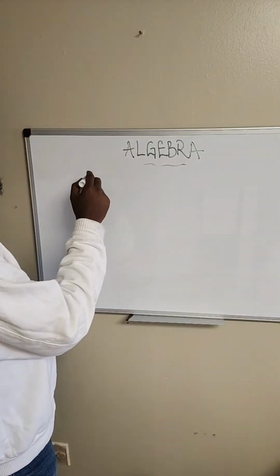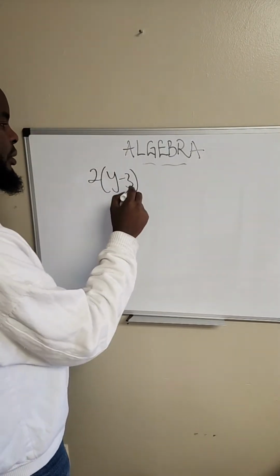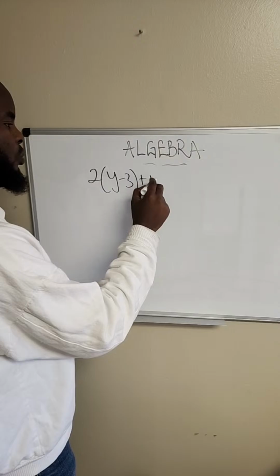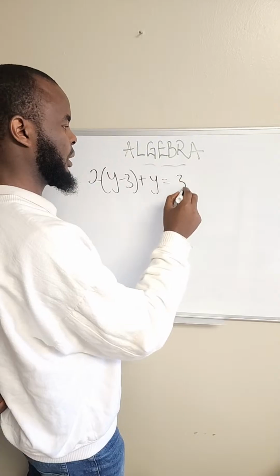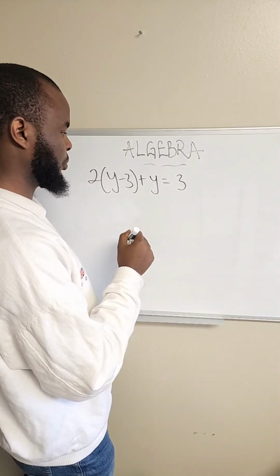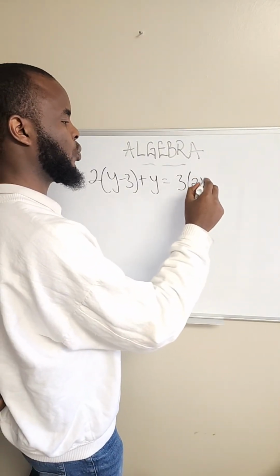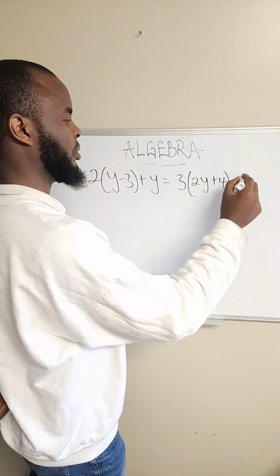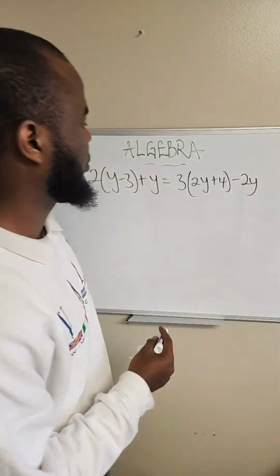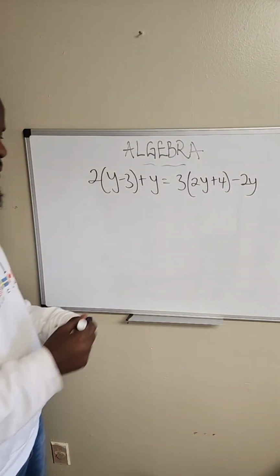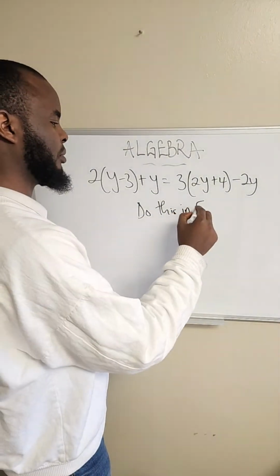Here we have 2y minus 3 plus y equals 3 into parentheses 2y plus 4 minus 2y. I want you to do this in 5 minutes.